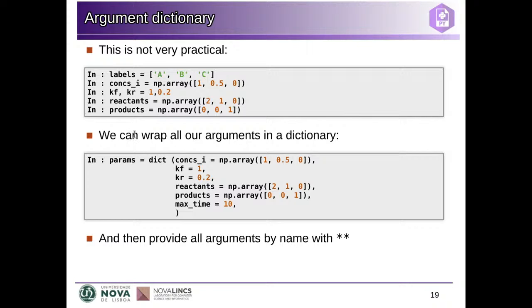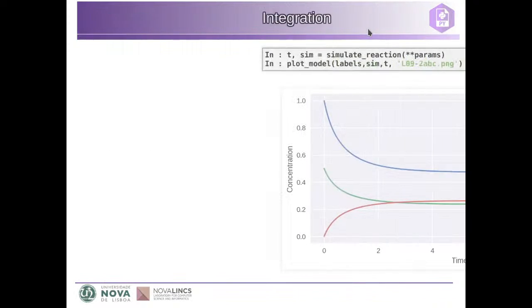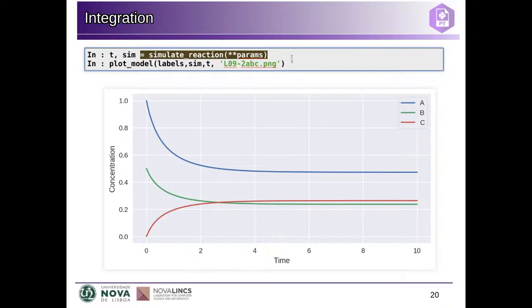So basically, we are creating here a dictionary from these variables, and now we can just provide these parameters as a dictionary. So the keys of the dictionary serve as the names for the different parameters, and the values are associated, so they serve as the arguments that will be fed into the parameters. This can be done by using these two stars here. And so this is just a convenient trick.